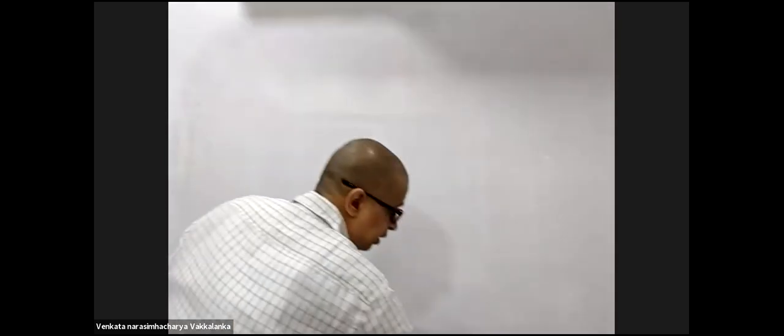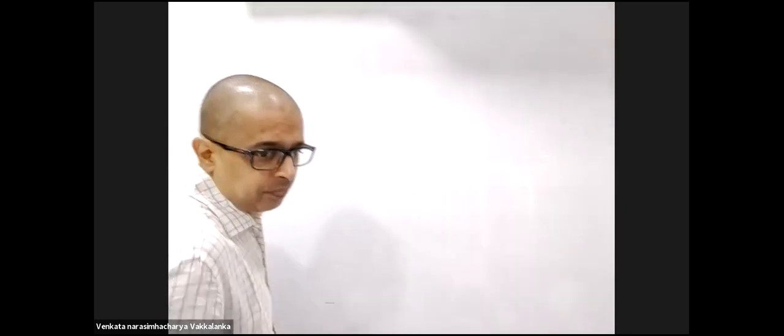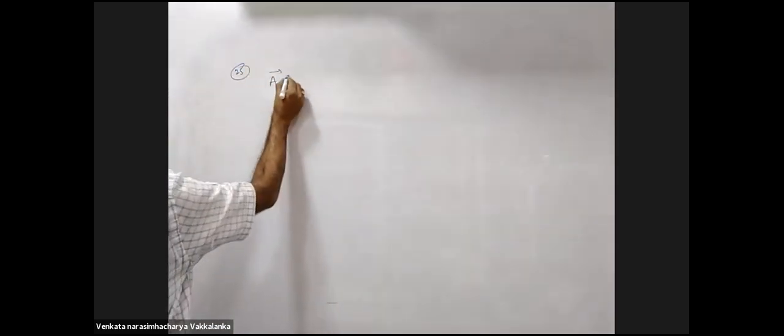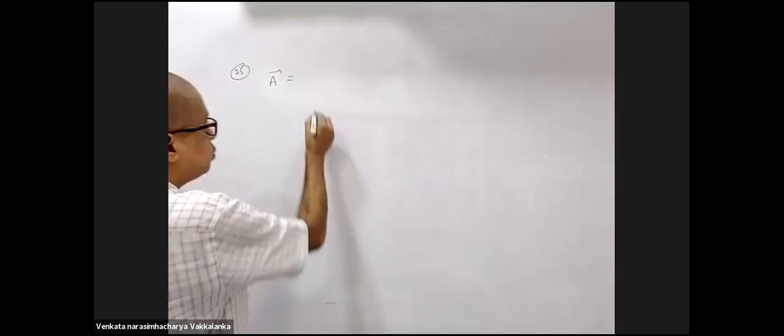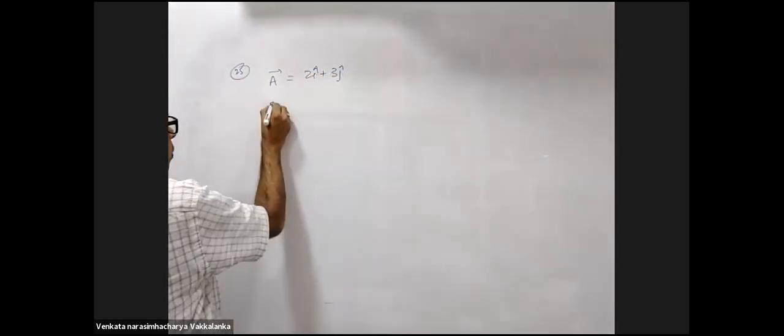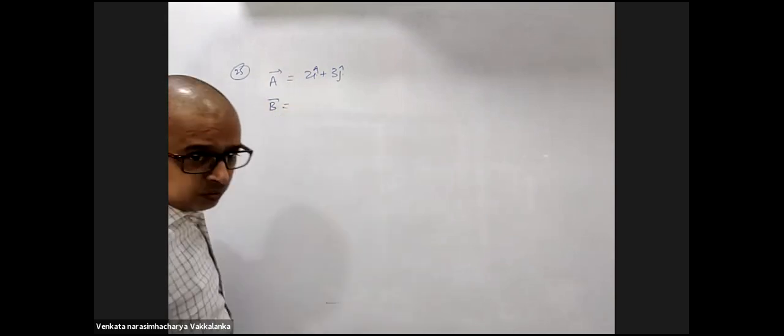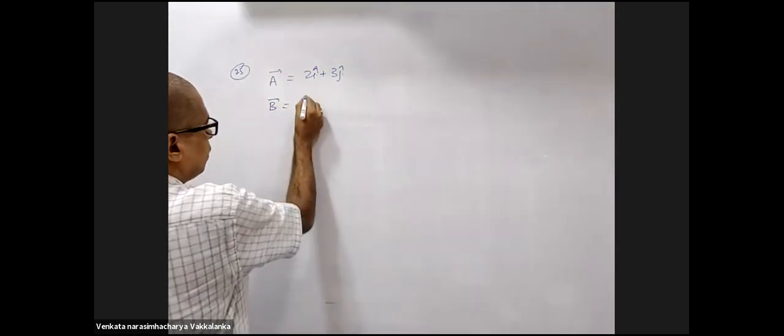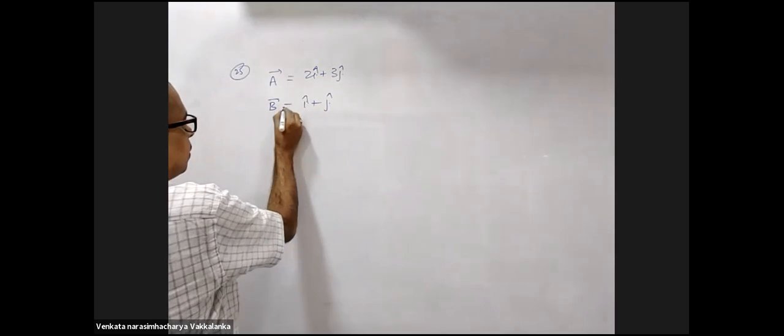Now listen to the 25th question. A is given as 2i cap plus 3j cap. What is B given as? i cap plus j cap.